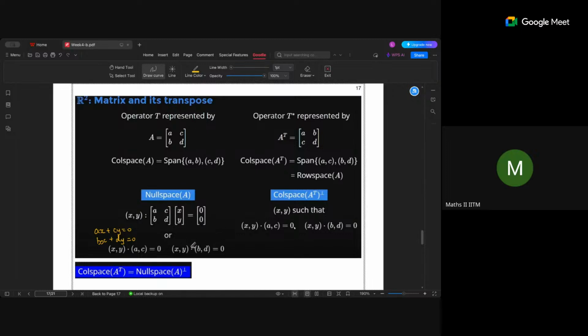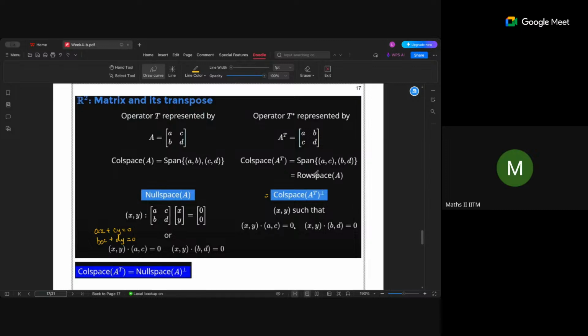Why did we write so? Let us see here. Now what is the column space of A transpose? What is the definition of the column space of A transpose? This is the column space. Now, what is the orthogonal complement or the dual of the column space of A transpose? It is the set of all x comma y such that x, y is orthogonal to both these spanning vectors.